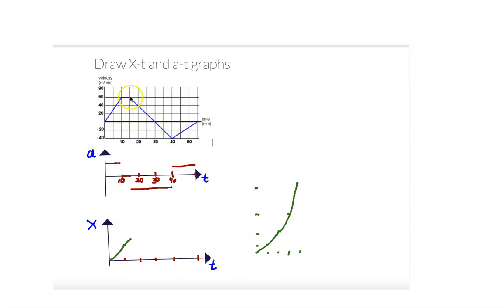However, I am slowing down. So what is my motion diagram for slowing down? I first have a great distance, then less, and then less. Okay, this is my motion diagram for x direction.